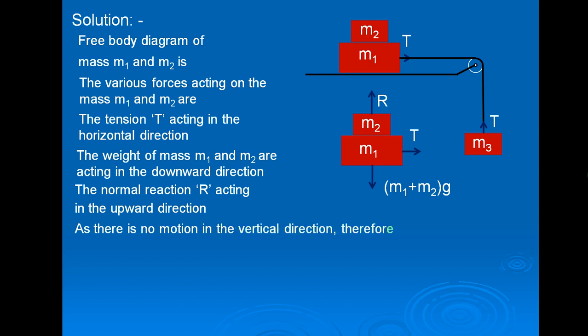As there is no motion in the vertical direction, therefore capital R is equal to m1 plus m2 into g.